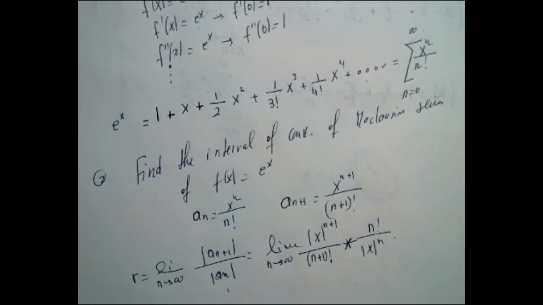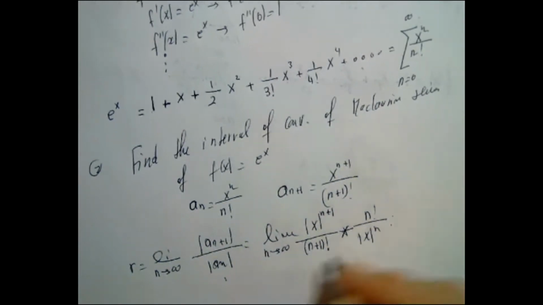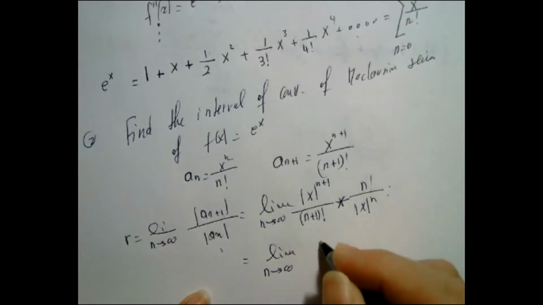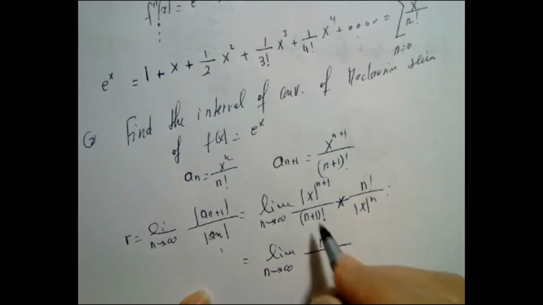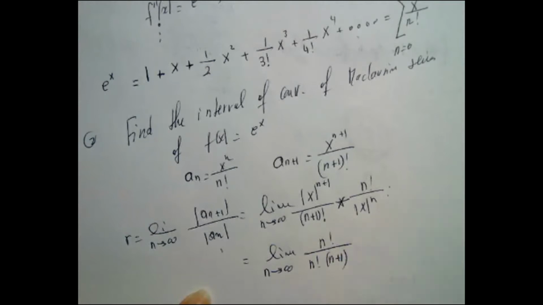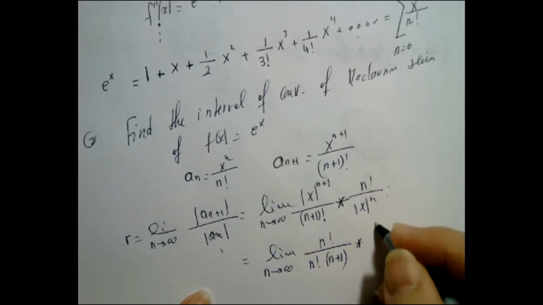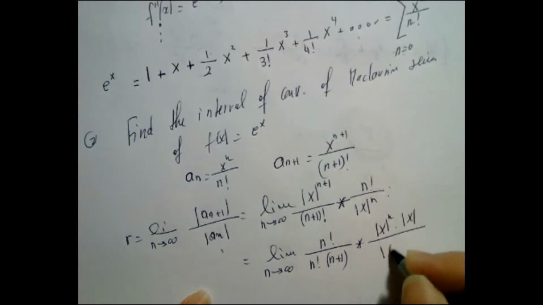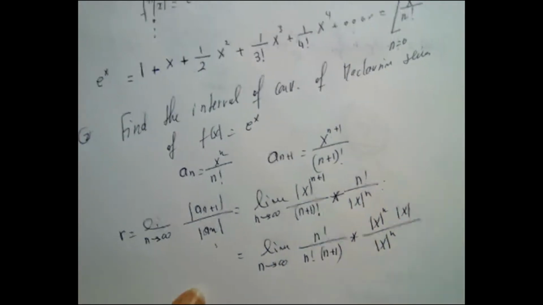So it's equal to the limit as n tends to infinity of, as usual, we put like terms together. n plus 1 factorial is n factorial times n plus 1. And this is x to the n times x over the absolute value of x to the n.